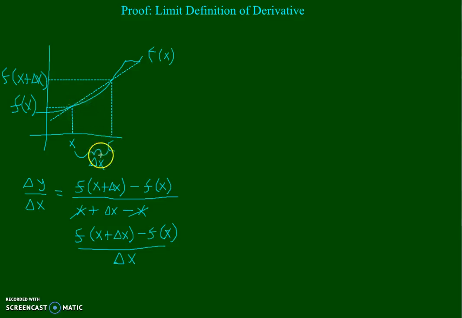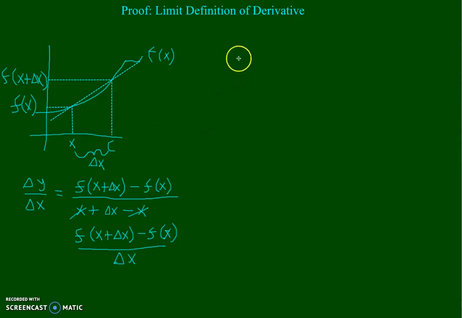So, in short, when delta x approaches 0, this distance from x to c is approaching 0, and we will have the slope of the tangent line at point x. So that involves, obviously, a limit process.